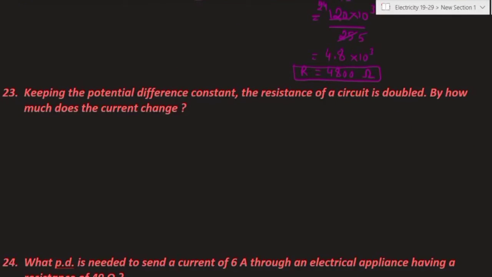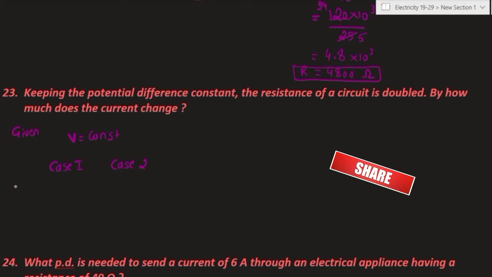Keeping the potential difference constant. What is kept constant? Potential difference V is constant, and the resistance of a circuit is doubled. By how much does the current change? Imagine that two situations are given, case 1 and case 2.